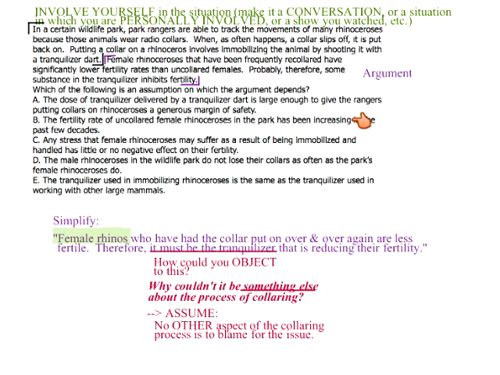We're talking about why the fertility rate of the ones who are wearing collars is lower, not why the fertility rate of the other ones is higher. More to the point, we want to judge whether it really is the tranquilizer dart that's going on here.